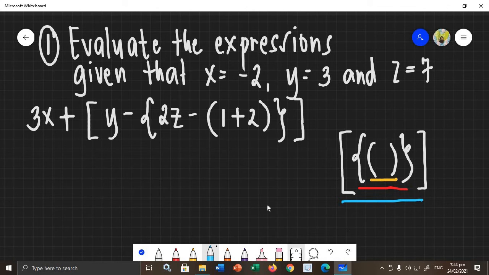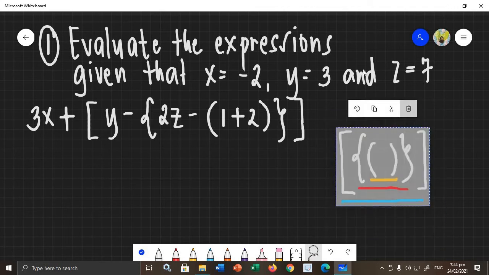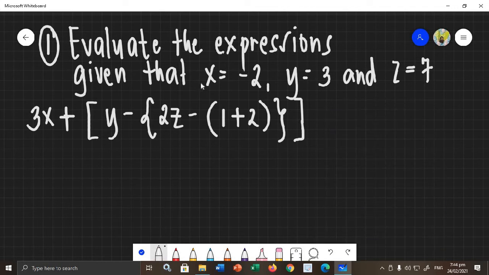So, in this case, before natin sila i-solve, of course, we need to first substitute the value of the variable. So, 3, and then value ng x natin is -2, plus, then brackets, yung y natin is 3, so, di na natin siya siguro lalagyan ng parentheses, no?